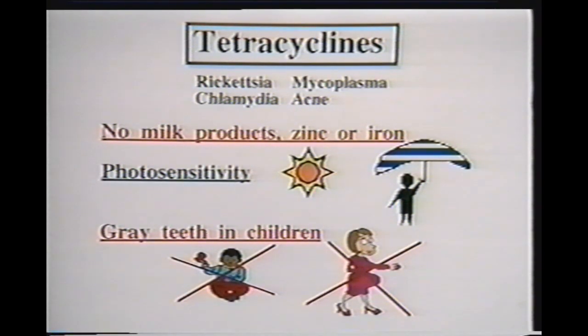If tetracycline is given to women in the last trimester of pregnancy or to children under the age of about 8, we tend to see that they develop gray teeth. Now, their teeth are okay, they're just unattractive. So we usually do not give tetracyclines to children. Interestingly enough, it's the second teeth that are affected, even when the pregnant woman has it. So it's the second teeth that will be affected.